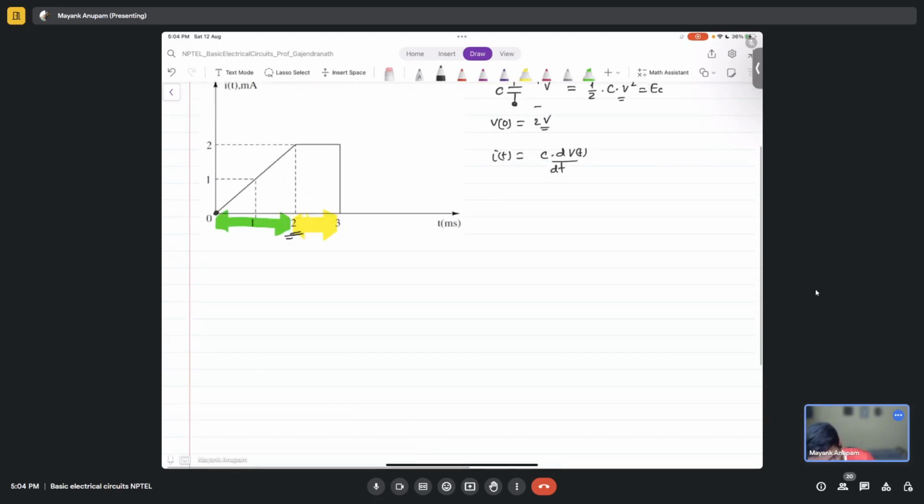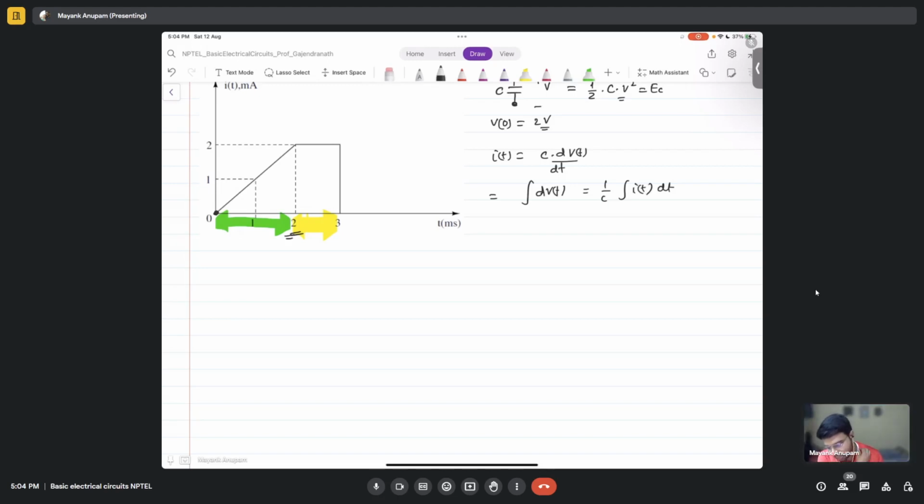So from here you know that V of t is equal to C integral I of t dt, or it is not C, it is 1 over C, integral I of t dt, correct?